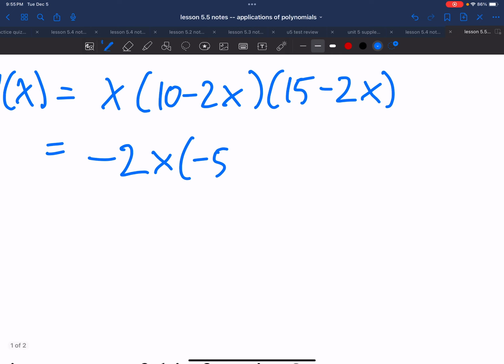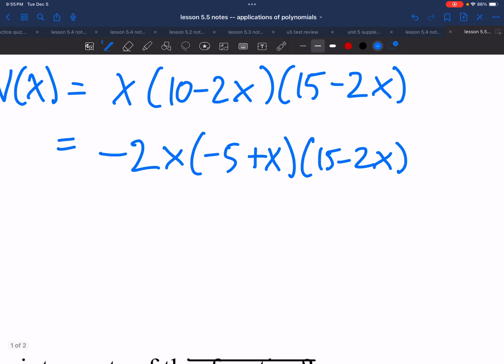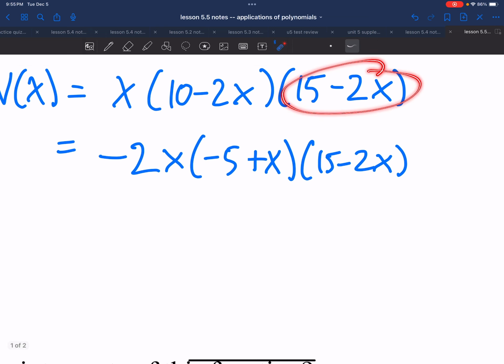Negative 2 divided by negative 2 is positive 1, so it's positive x. And this is 15 minus 2x. But then notice 15 minus 2x. There's not a GCF between 15 and 2, but you could make the leading term positive by factoring out another negative.